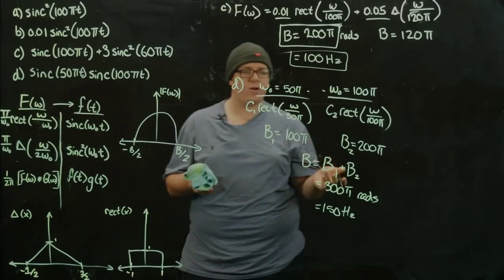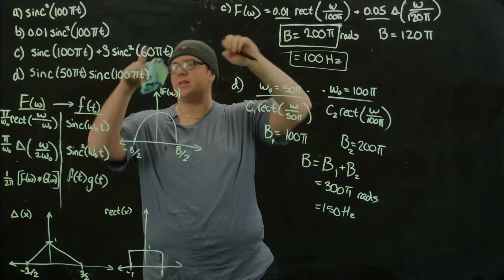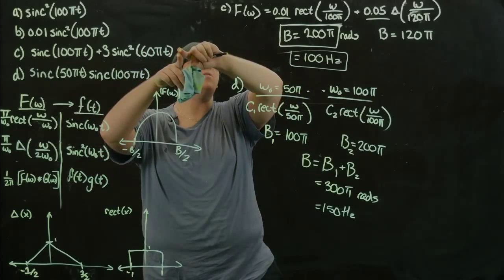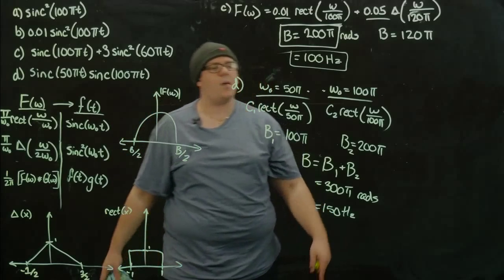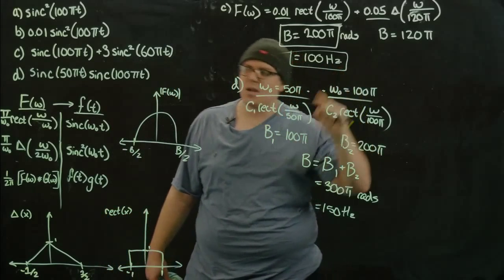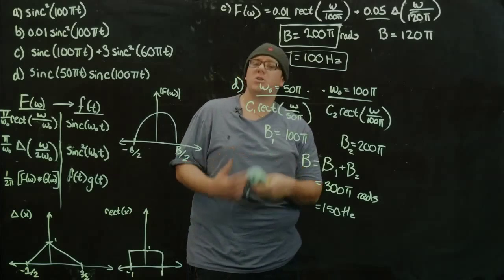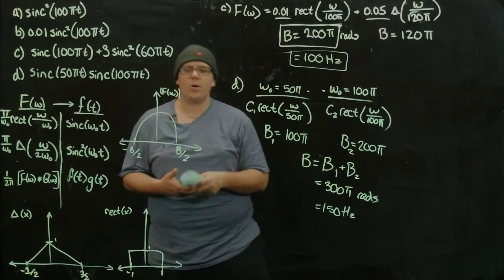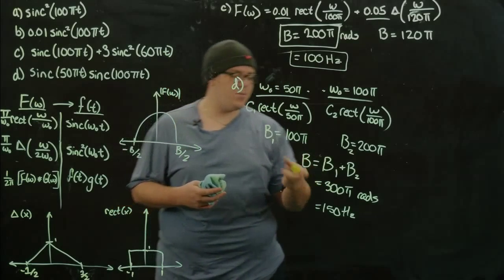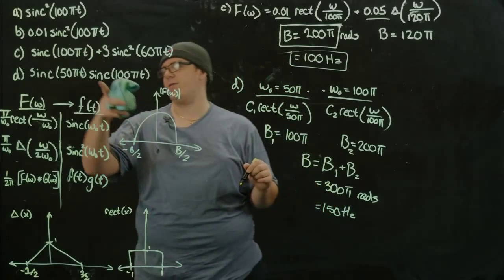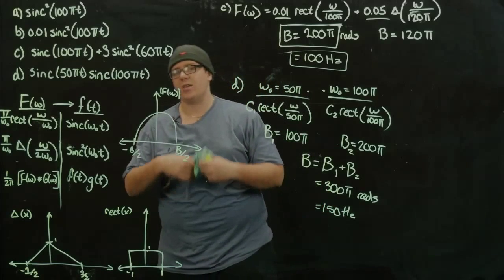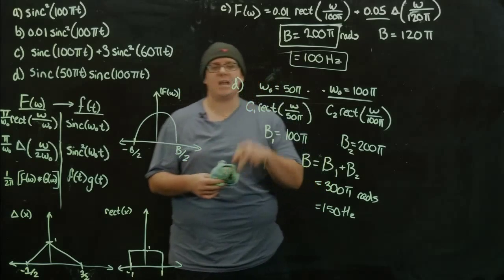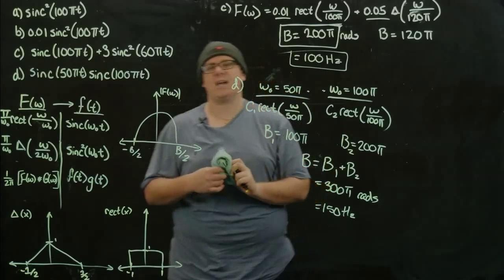For this, if we're sending this signal through our system, the bandwidth is 100 hertz, so we need to sample this signal at 200 hertz. So that's 200 times a second. Similarly down here, because for this function our bandwidth is 150 hertz, we need to sample our function at 300 hertz, or take 300 samples every second.